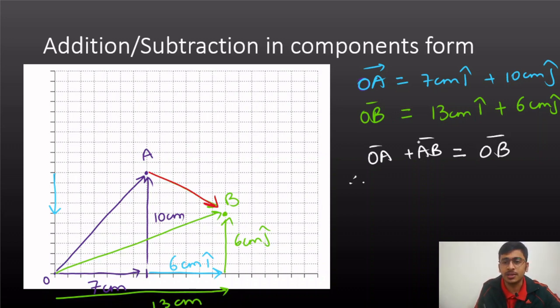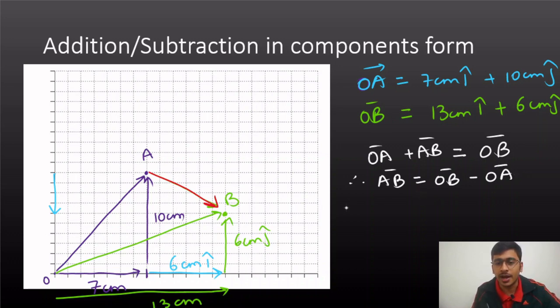So I can simply solve it for AB vector. AB vector is OB vector minus OA vector, and I'll simply substitute the values here, and I'll get AB vector is equal to, OB vector is 13 centimeter I cap plus 6 centimeter j cap, minus OA vector.